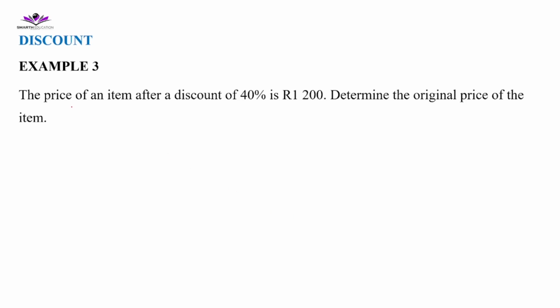Right, example 3. The price of an item after a discount of 40% is 1,200 rands. Determine the original price. So now we are given the selling price and percentage discount. We are required to find the original price.